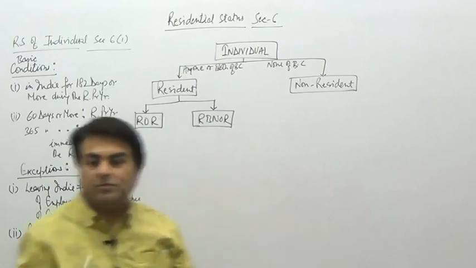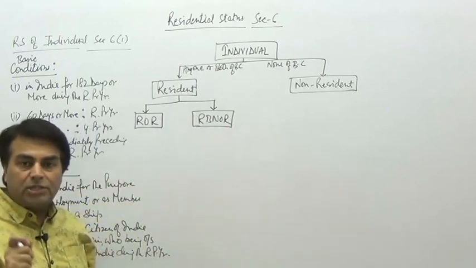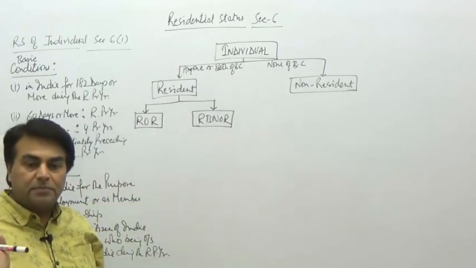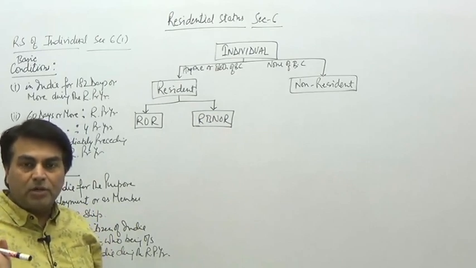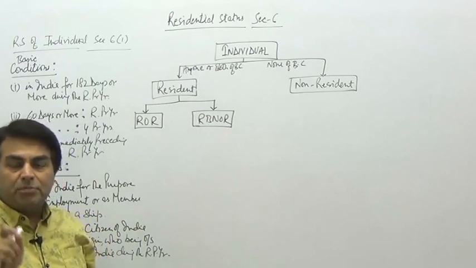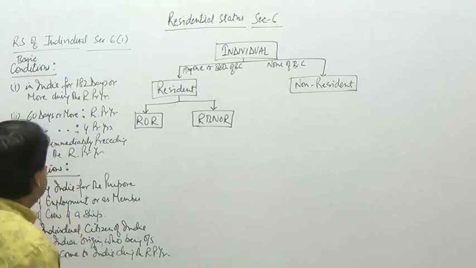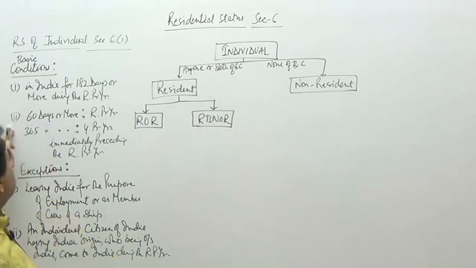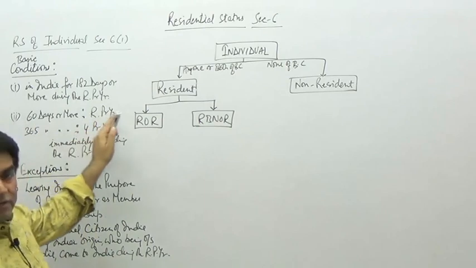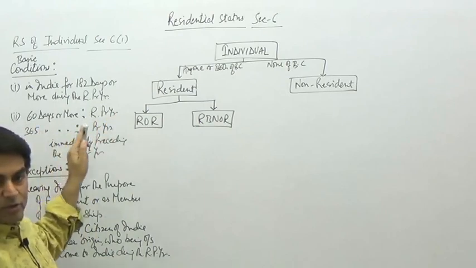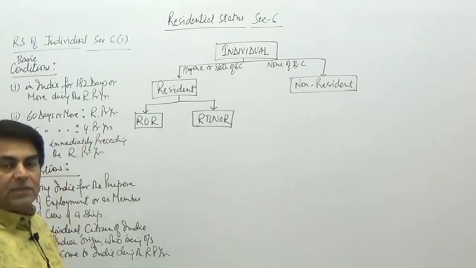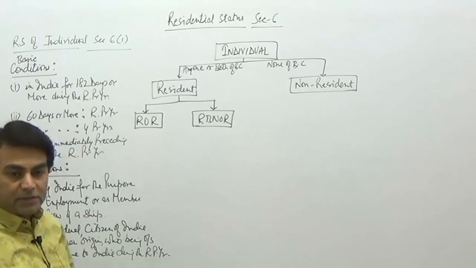Okay, so where such a kind of individual is there, in that case there is a slight change in one of the basic conditions. And which is that basic condition? Basic condition number 2. Please see, basic condition number 2 says 60 days or more during relevant previous year and 365 days or more during 4 previous years immediately preceding the relevant previous year.